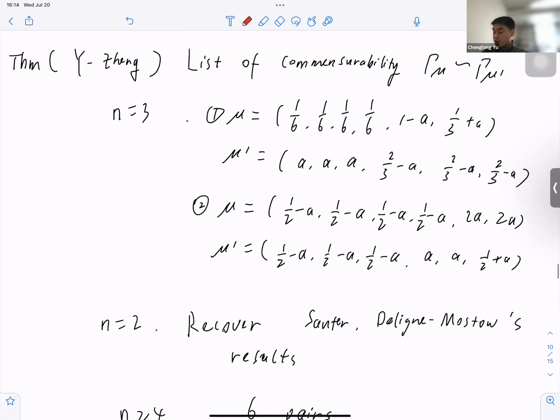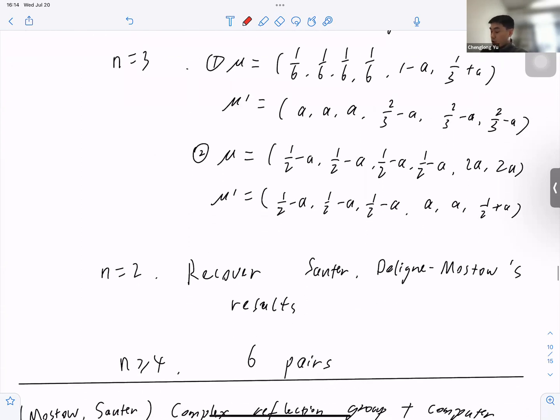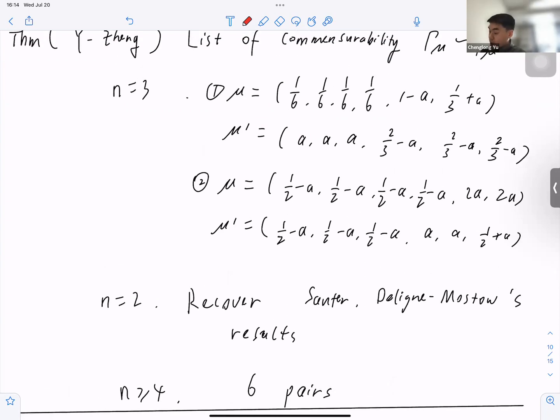And for n equals 2, we also recover or reprove Sauter and Deligne-Mostow's results by a different method. And for n greater than or equal to 4, we have 6 pairs of those groups, those commensurability results. So let me explain how we obtain these results.